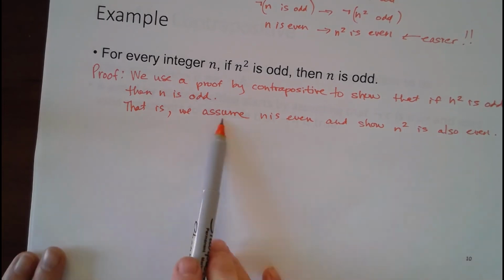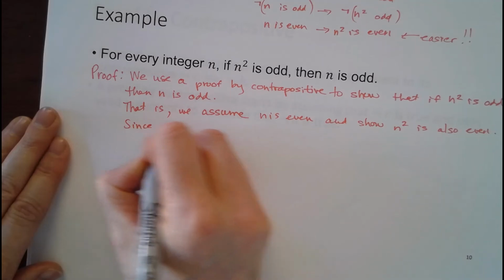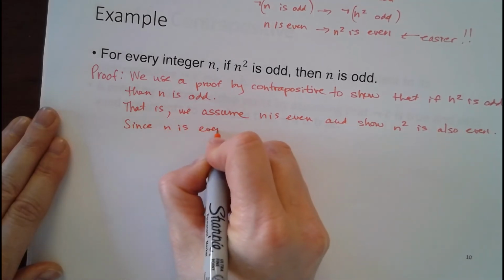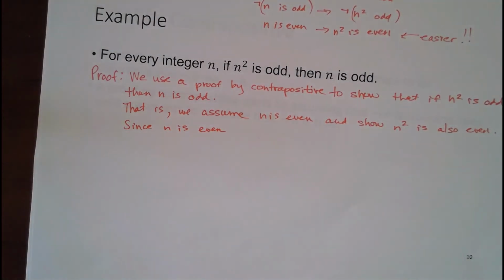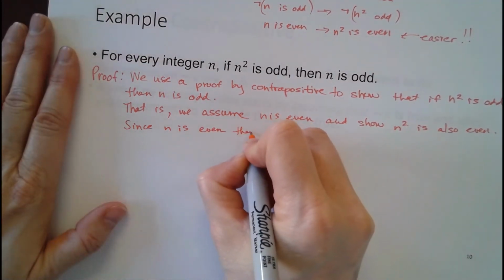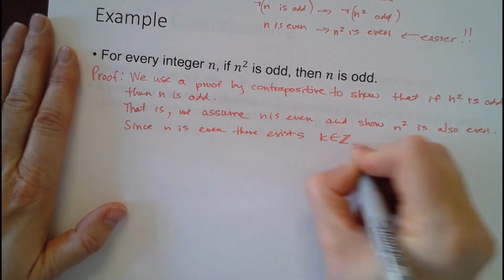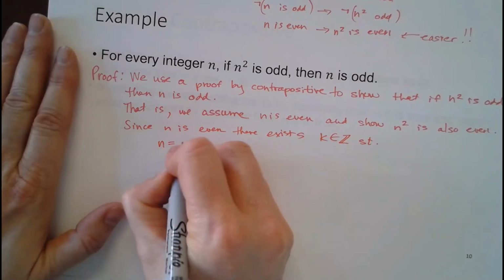Okay, so I assumed n is even. Since n is even, what must be true? What's the definition of even? n equals 2k. Yeah. So, since n is even, there exists an integer k such that n equals 2k.